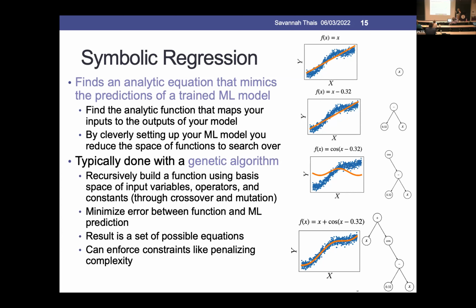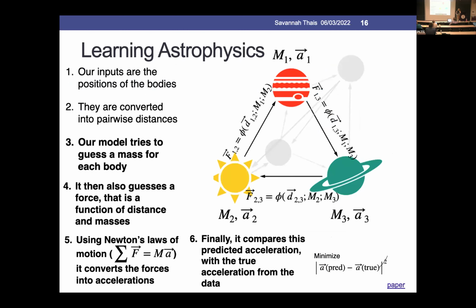And you can do things like enforce penalizations for complexity, so you try to generate a simple analytic representation that isn't overfit to the specific machine learning model that you're looking at. All these different things. So there's a really nice example, and these are slides that I took from another talk. The paper is really great, and I think their explanation is really great, which is why I'm showing it here.